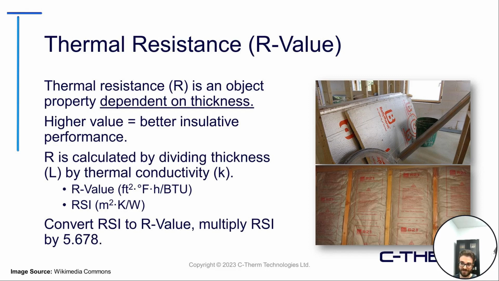But the RSI value can sometimes be used interchangeably here. This is the one that has the standard units. It's just good to understand because they are quite different in absolute value. So if you ever see something in RSI and you need to convert to R value or vice versa, there's a simple conversion factor that you can use to do that.